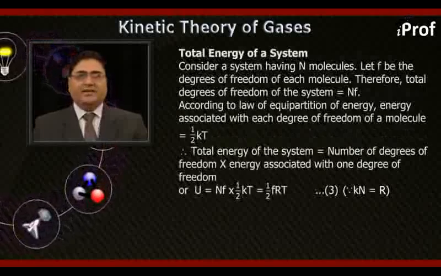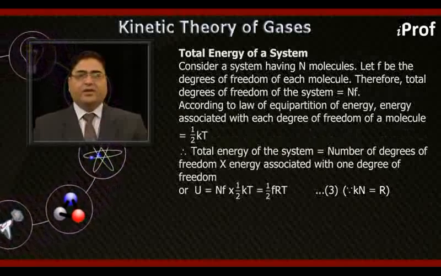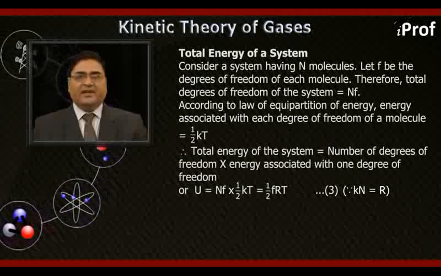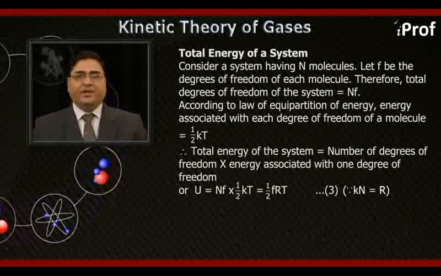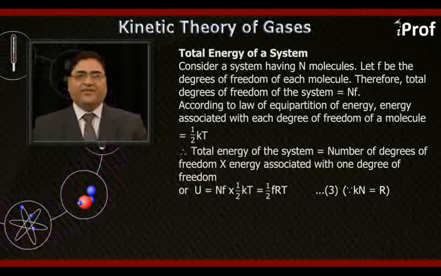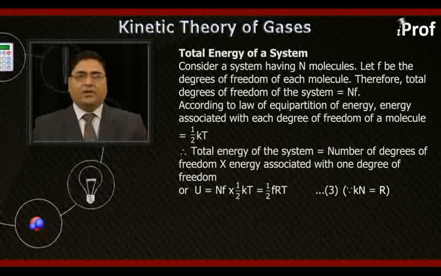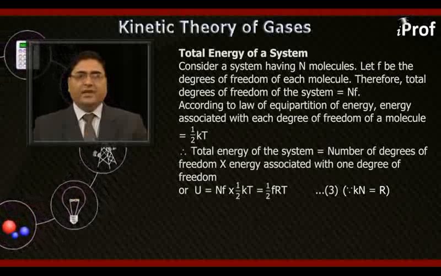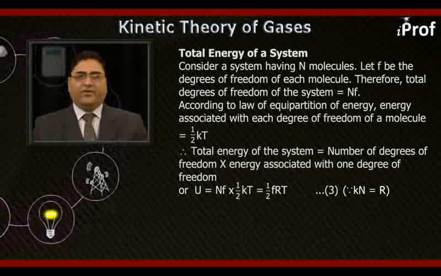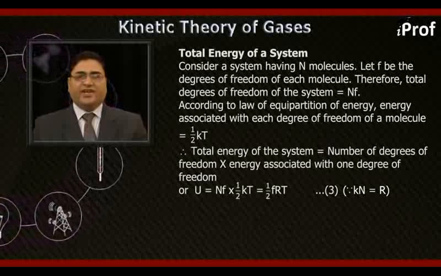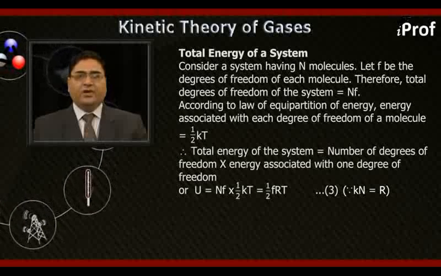Now let's find total energy of a system. Consider a system having n molecules. Let F be the degree of freedom of each molecule. Therefore, total degrees of freedom of the system equal to n into F. According to law of equipartition of energy, energy associated with each degree of freedom of a molecule equal to half kT.